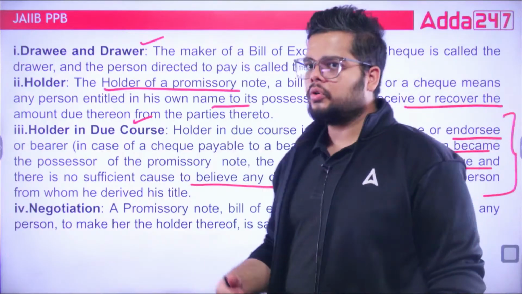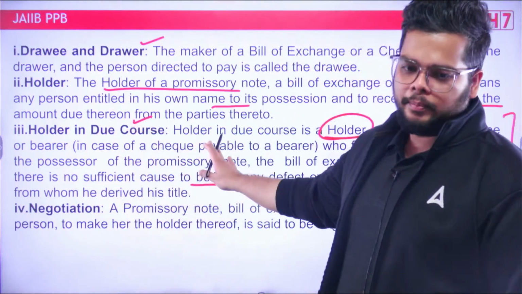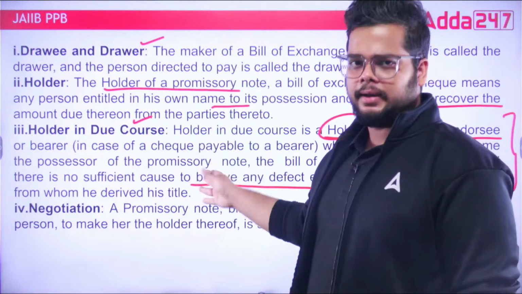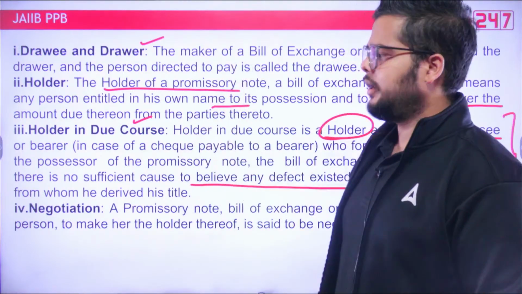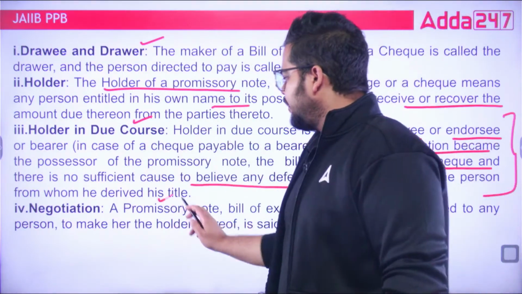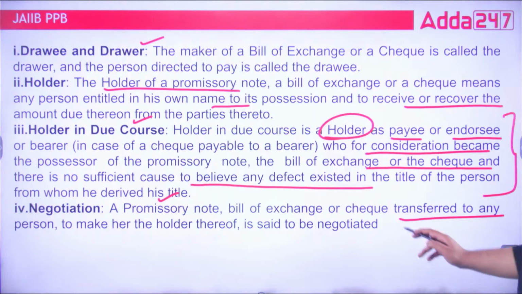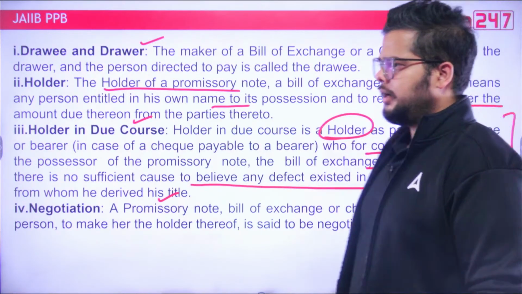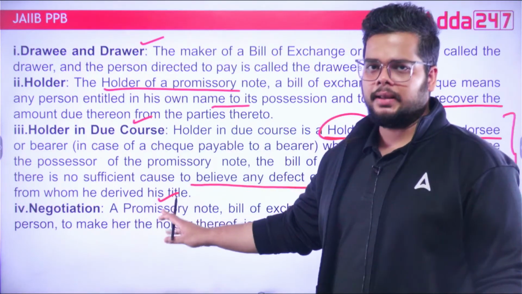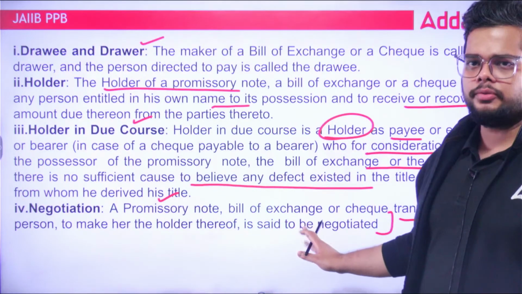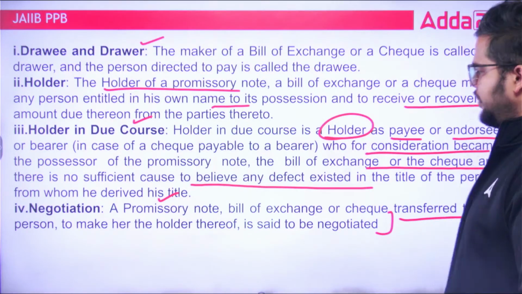So in due course, the final bearer of that particular check will be known as the holder in due course. Negotiation: when a P note, bill of exchange or check is transferred to any person so as to make the holder thereof, it is said to be negotiated. So negotiation, if it is happening in any of these negotiable instruments, is known as negotiation.